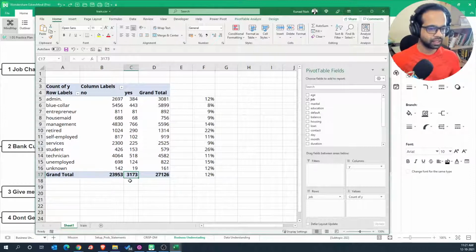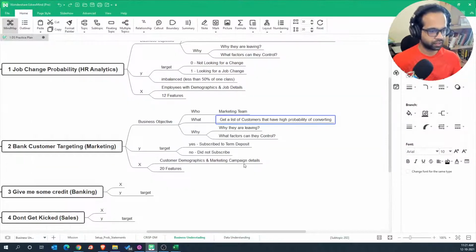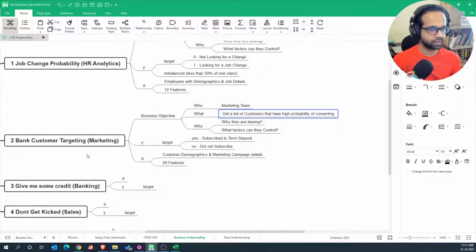Instead of giving them 27,000 people to target, we are going to give them, let's say, 5,000 people to target, which they can get maximum conversion with, right? So that's one of the objectives for the bank customer targeting. And so we're going to do that for this particular case.